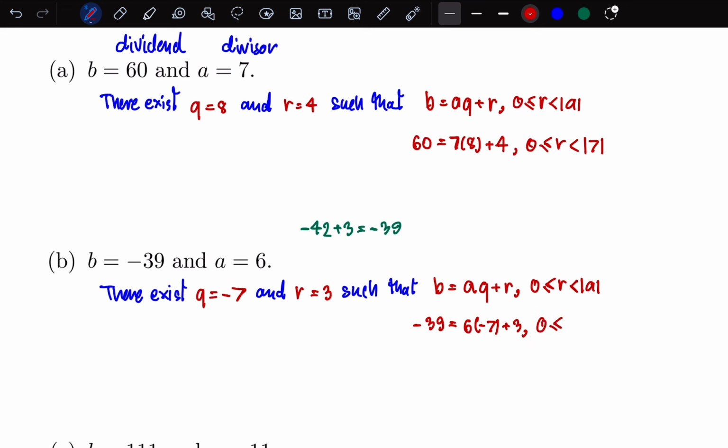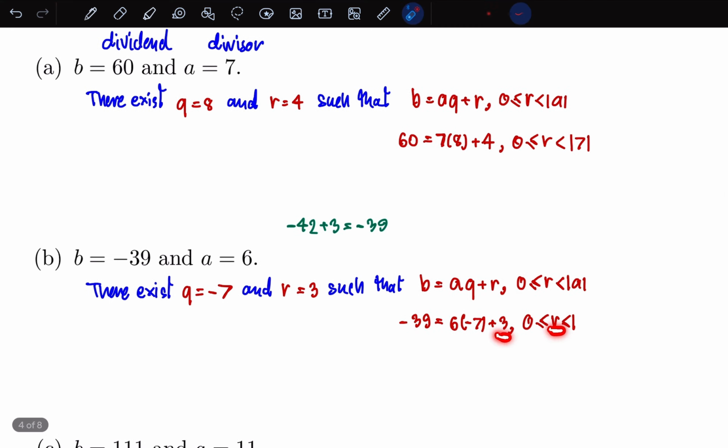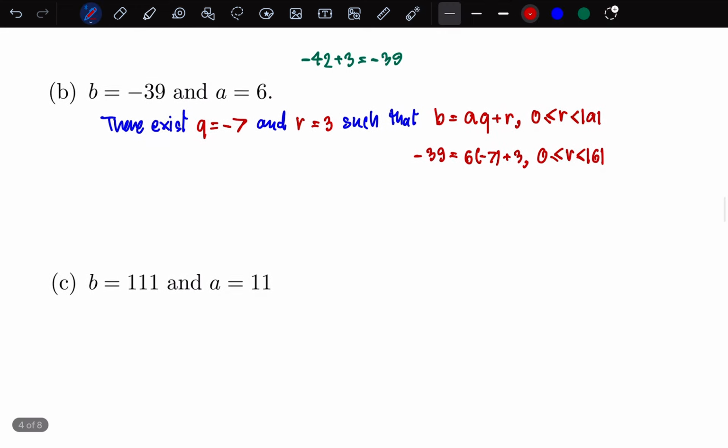And then, as we can see, the remainder is 3, and it's less than the absolute value of A, which is 6.